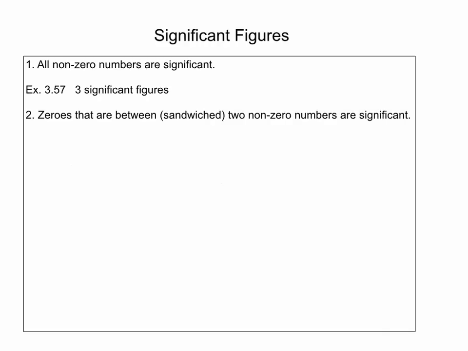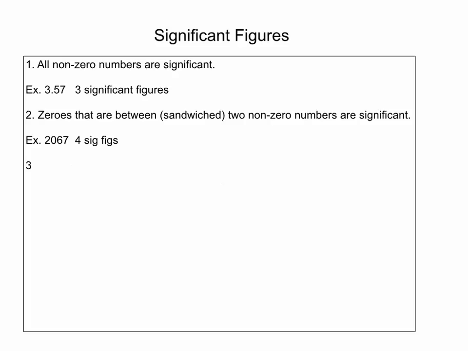An example, if I have the number 2067 and I need to know how many numbers are significant in this number, I count 1, 2, 3 numbers that are not 0, and then when I look at the 0 here, it's between two numbers that are not 0. So according to rule number 2, it is significant. So this number has 4 significant figures, or sig figs for short.